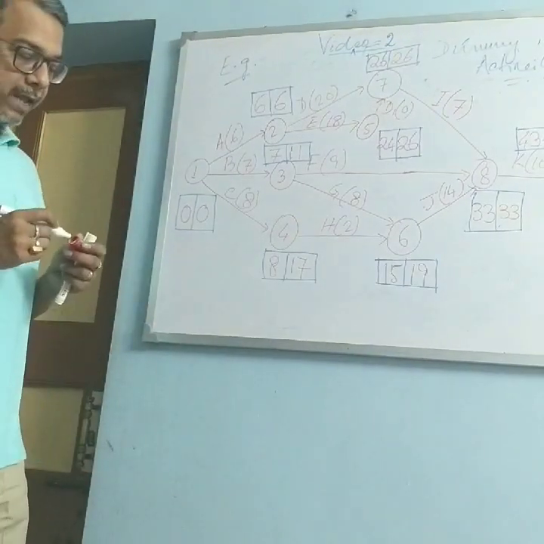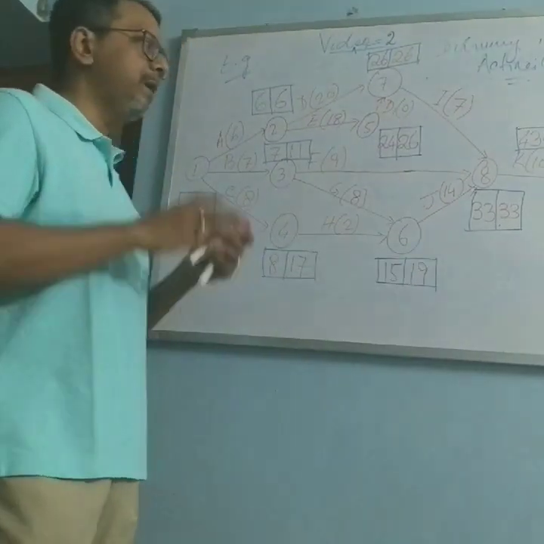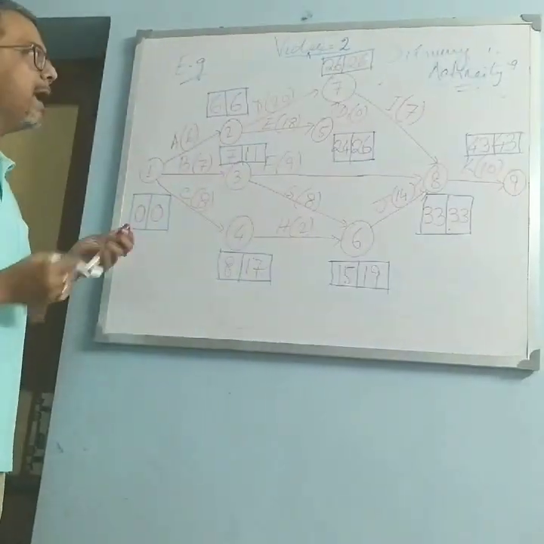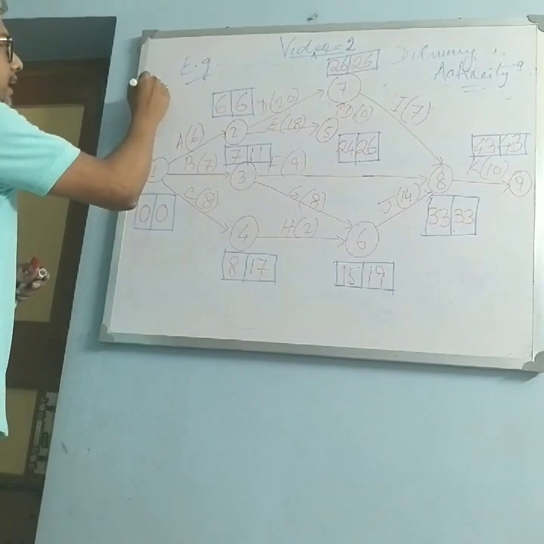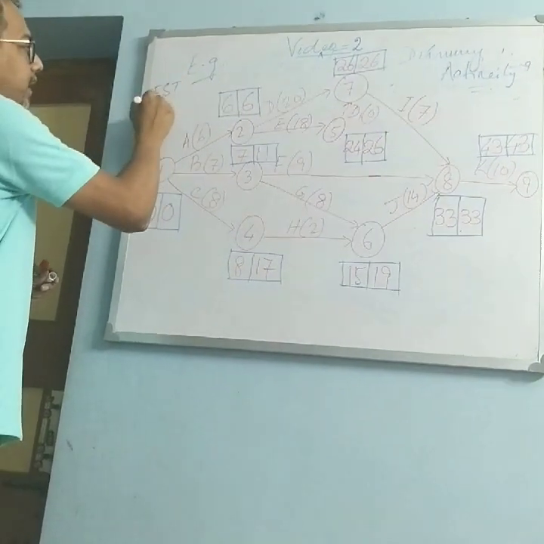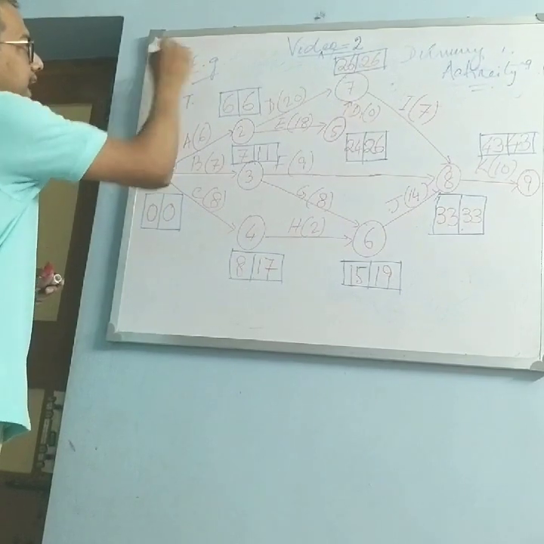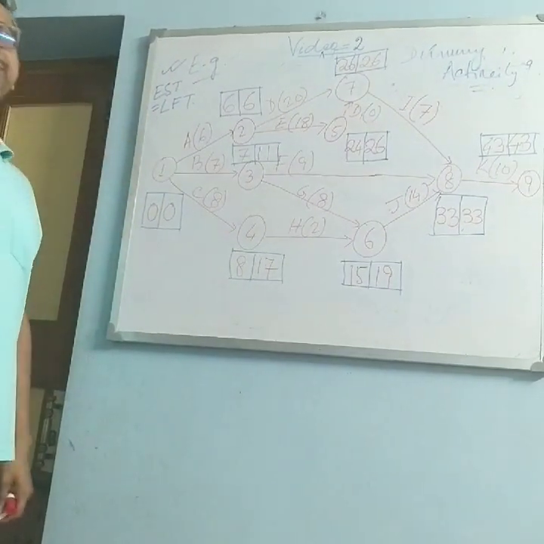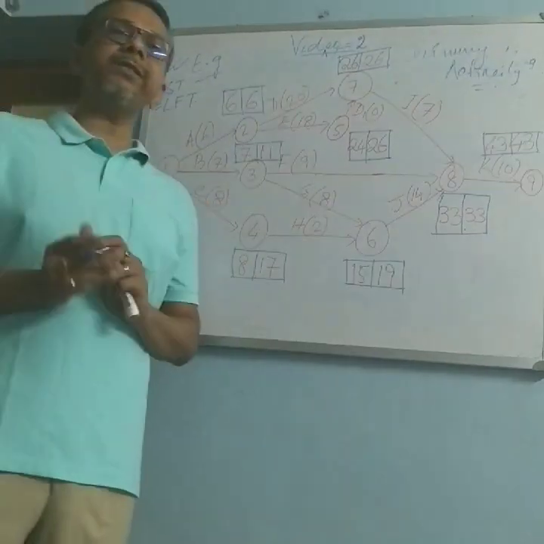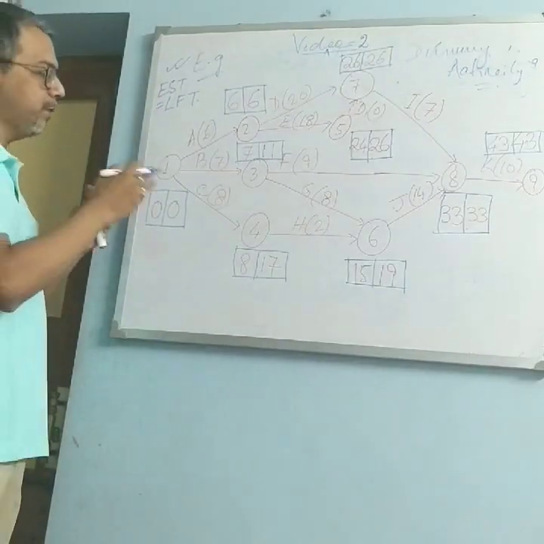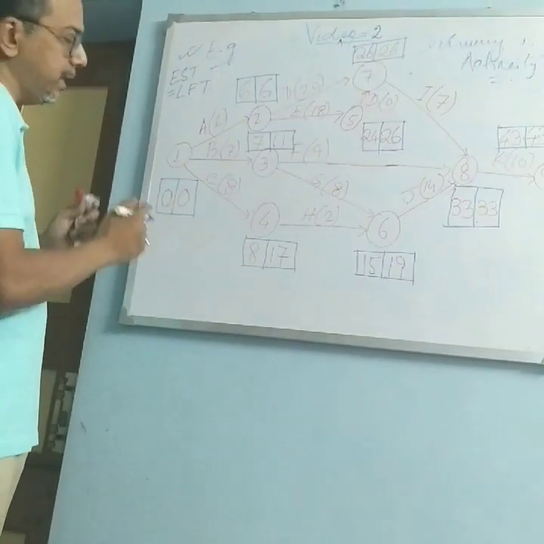Next what? Next we have to double tick those particular boxes where EST will be equal to LFT. We have to double tick those particular boxes where EST will be equal to LFT. So which ones are the same, EST and LFT?